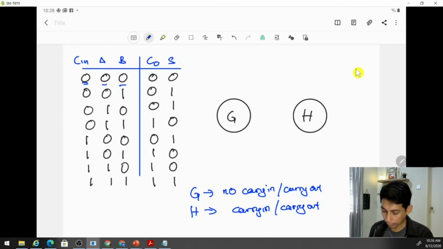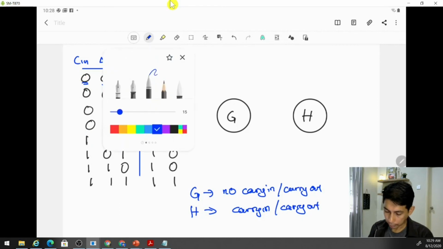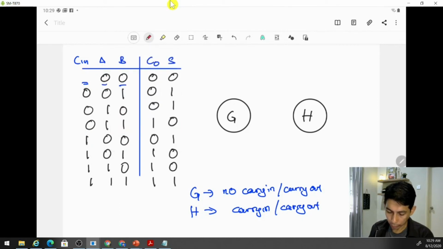When we add, if no carry in and no carry out, we need to stay at state G. So look at the output here. When there is no carry in, it must be this condition.